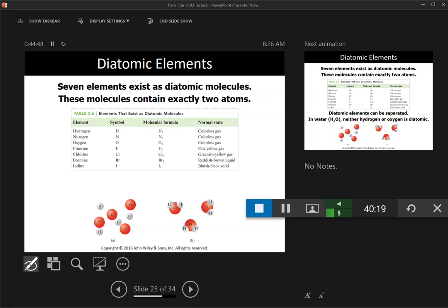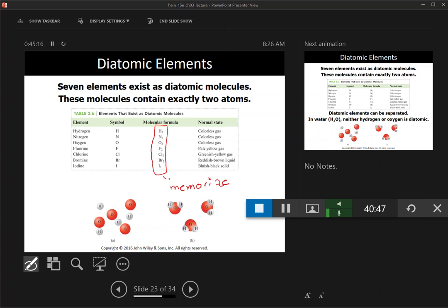But one thing to know about some of the gases, we're talking about the natural state of the elements. Some of the gases are found in diatomic form. Diatomic meaning that as an elemental form, they're found as two atoms. Those diatomic molecules are these ones, and you need to memorize these diatomic molecules.